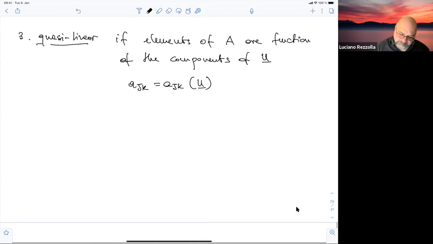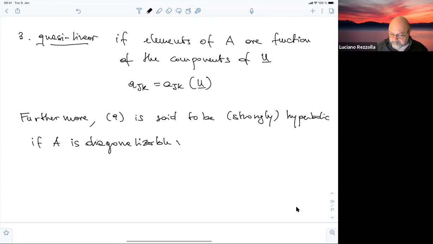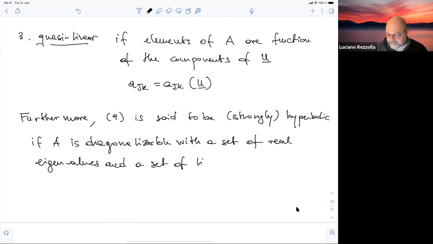Furthermore, this is what I want to say. Furthermore, 9 is said to be strongly hyperbolic if A is diagonalizable with a set of real eigenvalues and a set of linearly independent right eigenvectors.